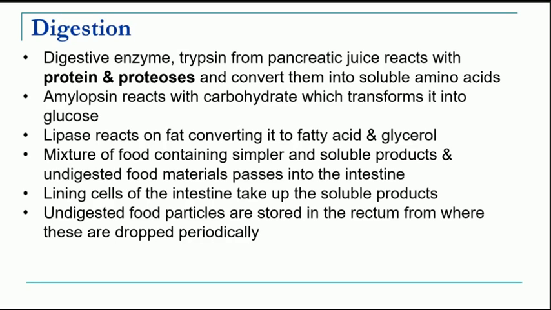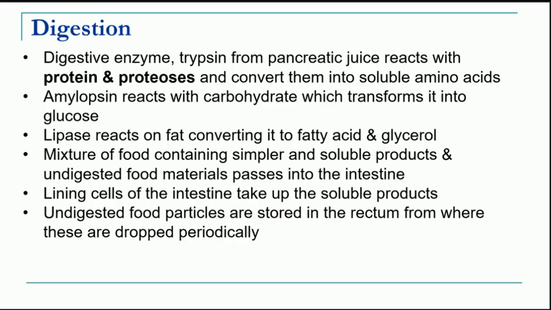Now amylopsin reacts with the carbohydrate part of the food, and it transforms it into glucose. Lipase enzyme reacts onto the fat, and it converts it into smaller fatty acids and glycerol. Okay, so all the proteins, carbohydrates and fats are broken down to their monomers.